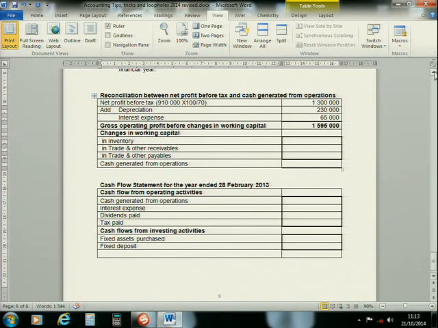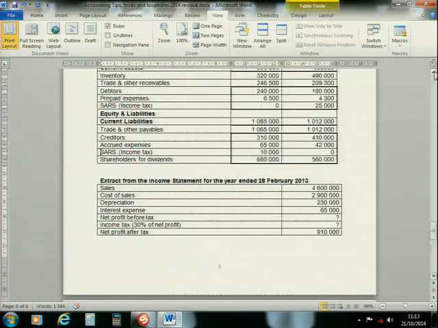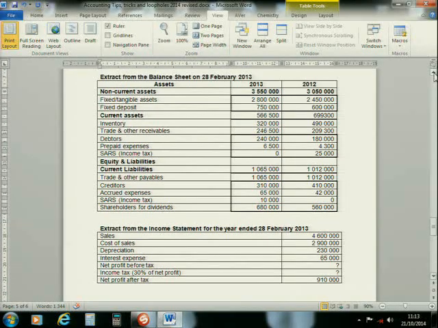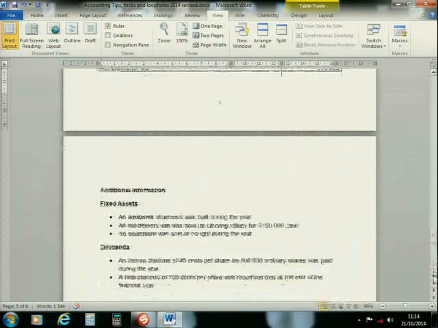Let's go to your balance sheet and let us take a look at our inventory there. What has happened to our inventory? Our inventory in 2012 was 490,000 and went down to 320,000 in 2013. That is a decrease in inventory of 170,000. 490 minus 320 will give us 170, and it's a decrease in inventory.